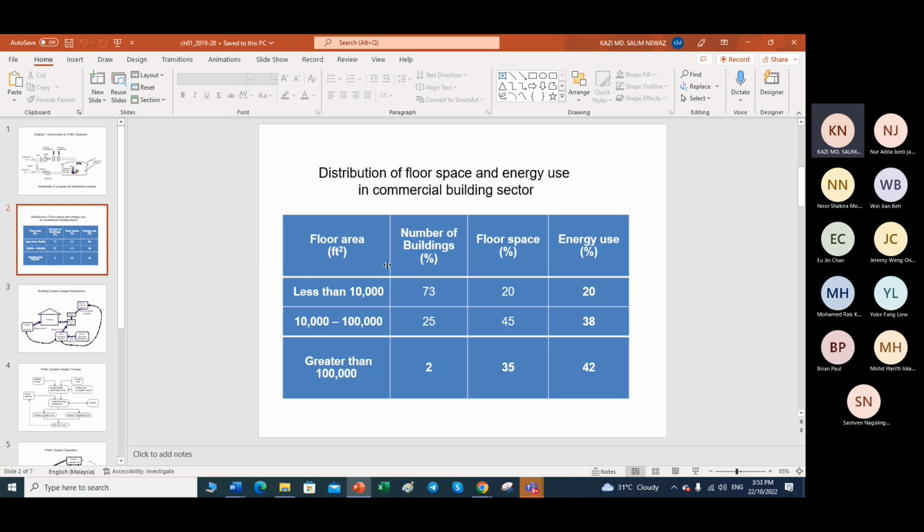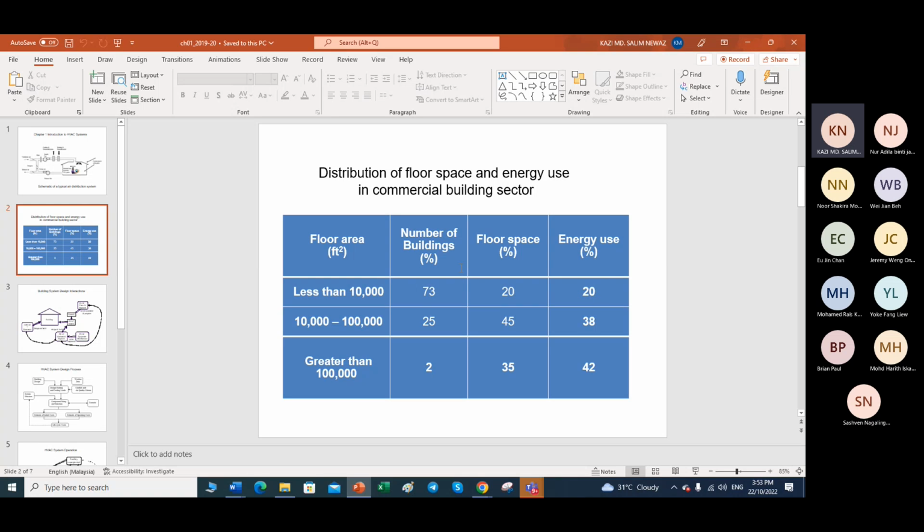We can see that if the floor area is less than 10,000, then the number of buildings considered in this research is 73%. The floor space is 20%, and the energy use is 20%.